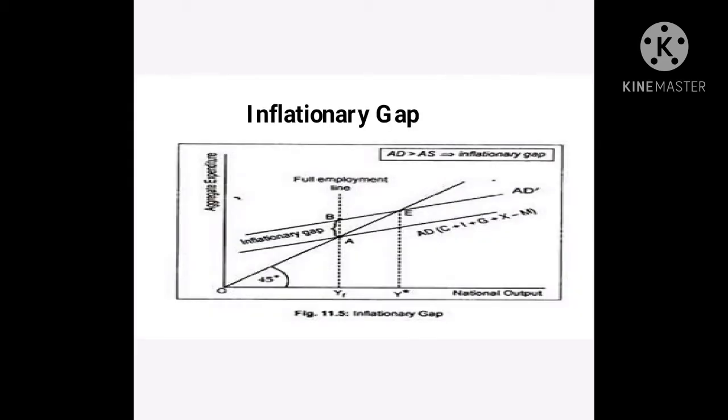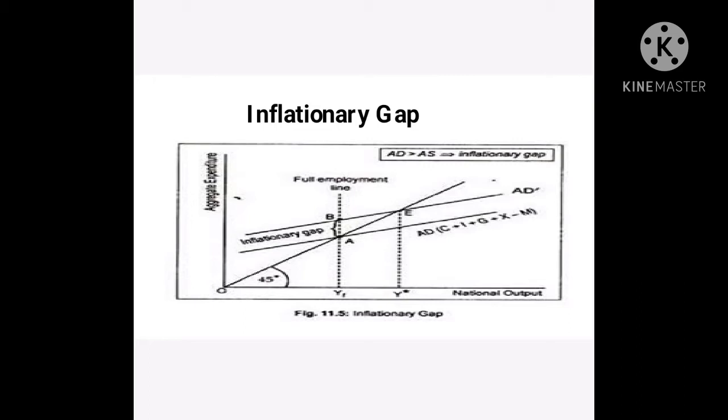Now what is inflationary gap? Keynes in his pamphlet entitled How to Pay for the War, 1940, explained inflation in terms of inflationary gap. According to him, inflationary gap exists when at full employment income level aggregate demand exceeds aggregate supply.